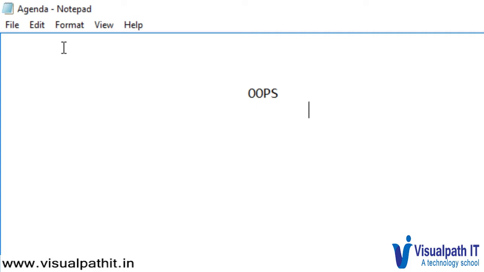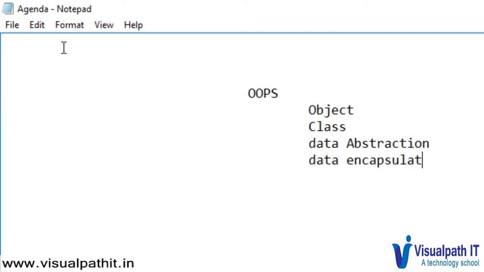Now under this there are concepts like object, class, data abstraction, data encapsulation, inheritance, polymorphism. So now I would like to explain you all these concepts in more realistic manner.